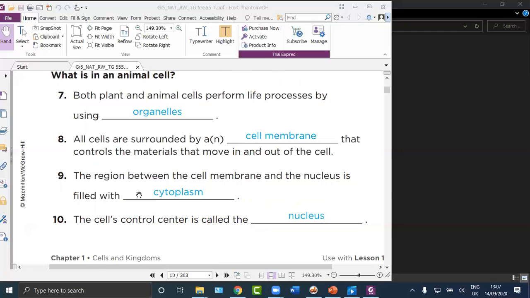Number nine. Here, the region. Who can read the region? Me. Yes. The region between the cell membrane and the nucleus is filled with cytoplasm. Cytoplasm. Yes. The next.